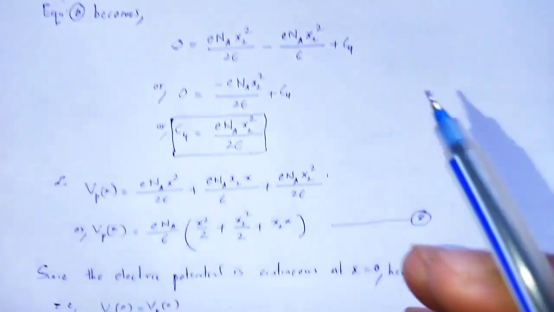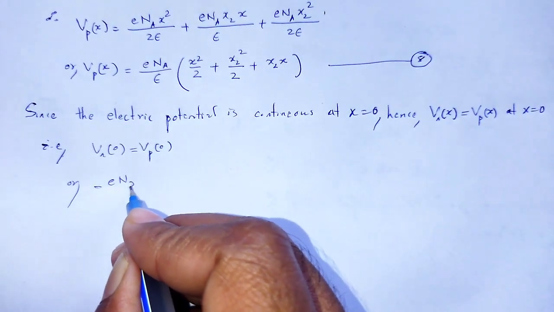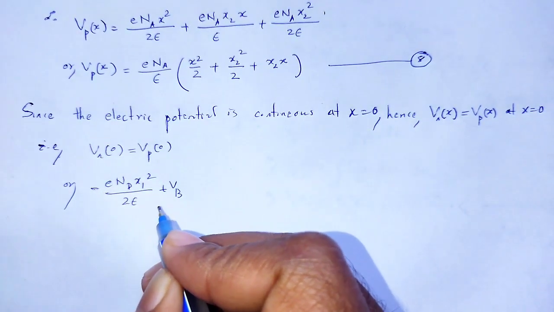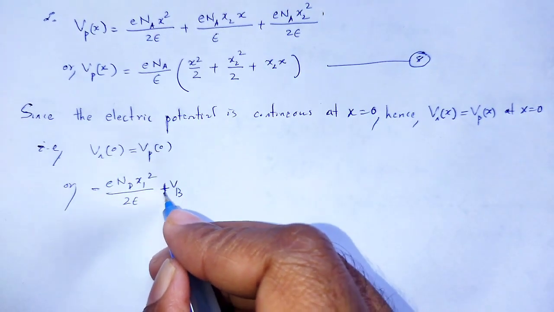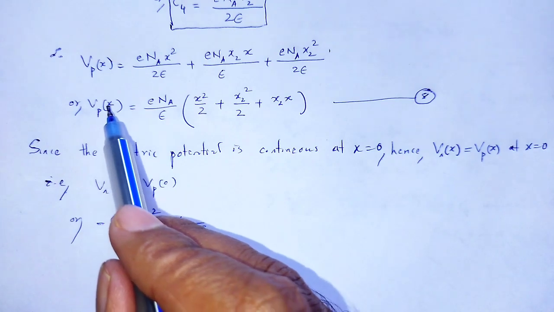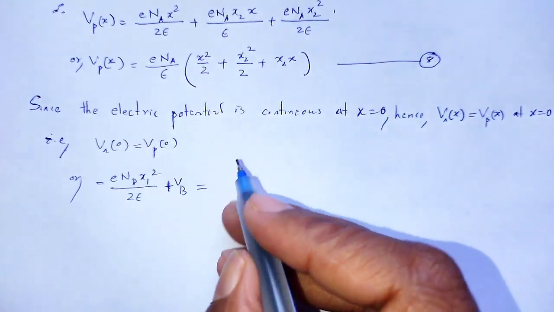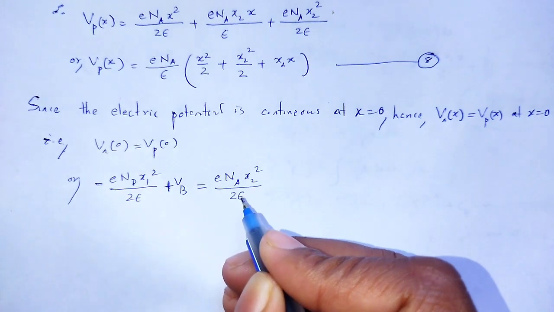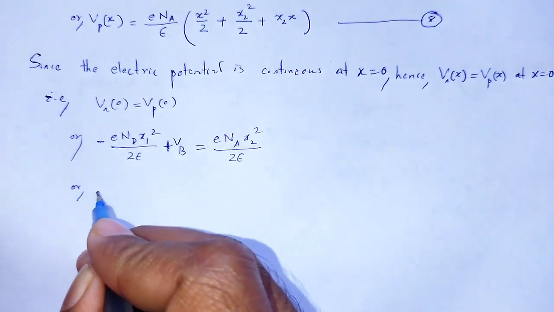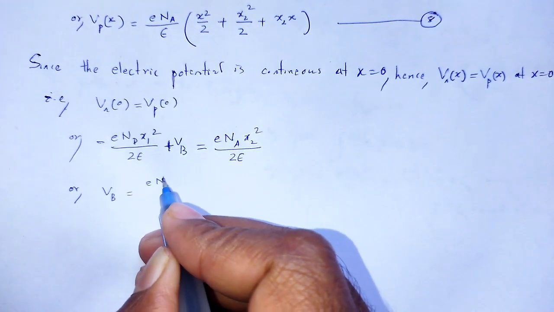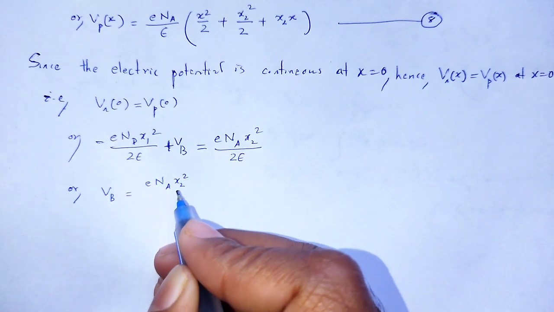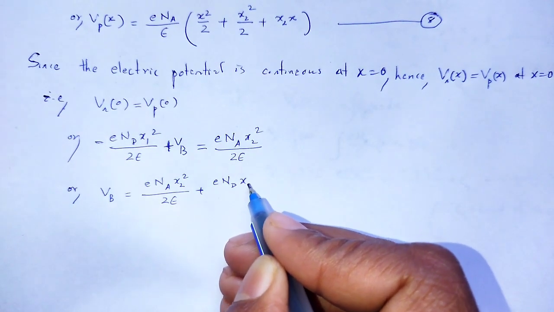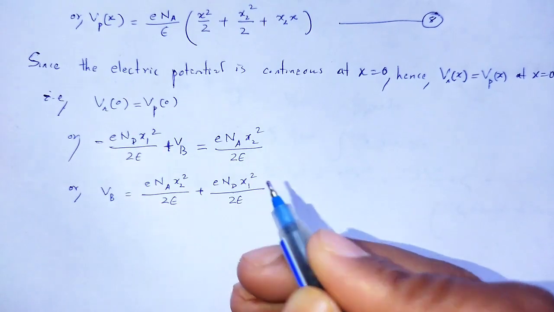So, that expression 7 changes to minus E Nd x1 square divided by 2 epsilon plus Vb, as we put x as 0, is equal to again Vp when x is equal to 0, that equation 8 changes to E Na x2 square divided by 2 epsilon, or Vb is equal to E Na x2 square divided by 2 epsilon plus E Nd x1 square divided by 2 epsilon.